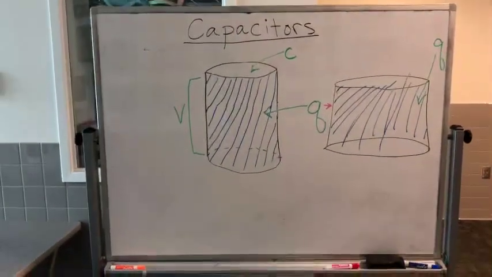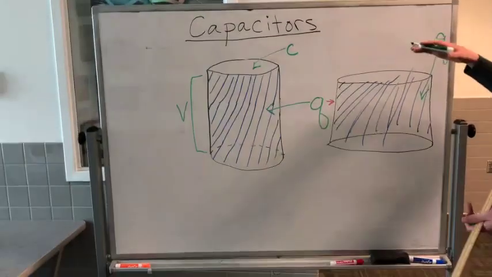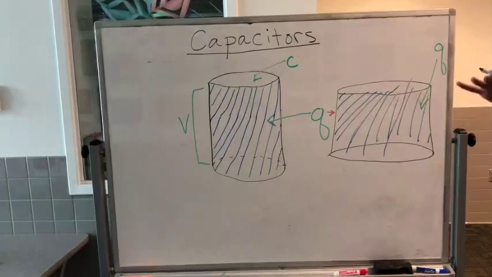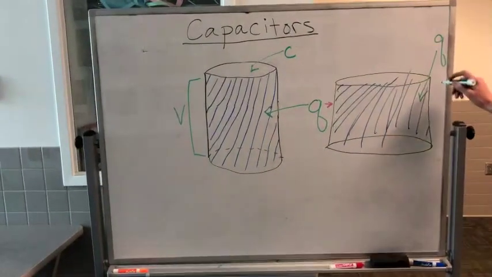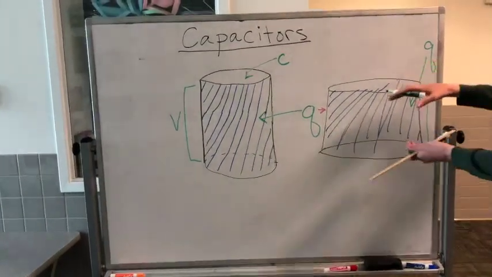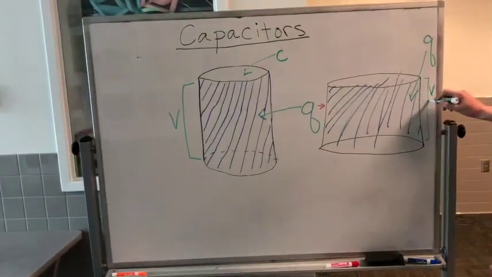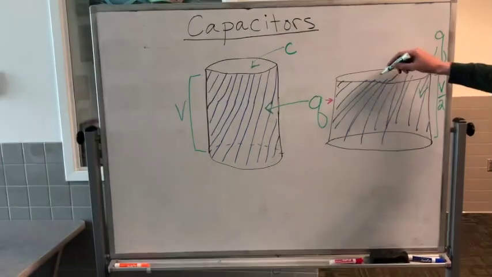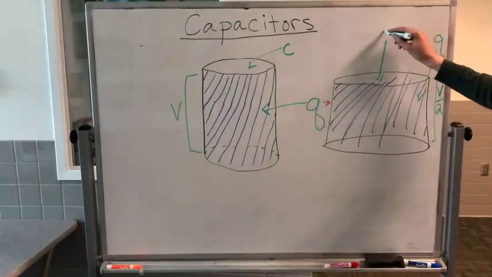However, the voltage of the capacitor does change, because as we push the top and bottom together, the height changes and the cross-sectional area gets bigger. So the voltage goes down, and if we compress this to a height of 1/2 the original height, the voltage will drop by a factor of 2, and the capacitance will go up by a factor of 2.